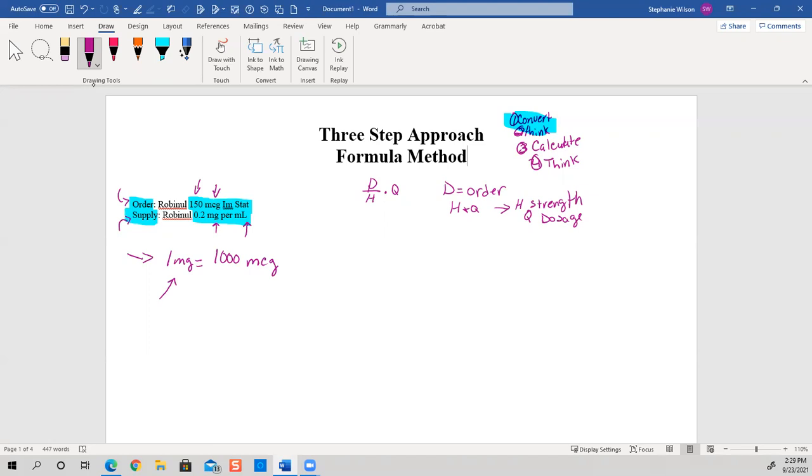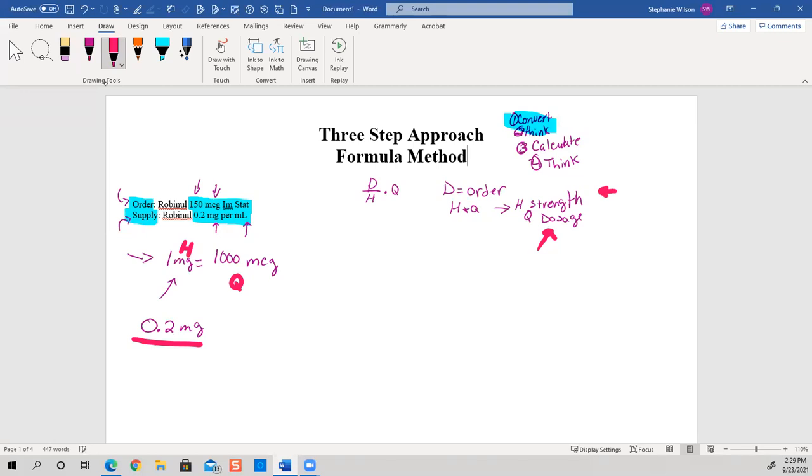So what I'm going to do is clean up the order. I'm going to take the 0.2 milligrams out of the supply, and then I am going to take my needed conversion. In this case, this is going to be my have, and this is going to be my Q. I did say Q is our dosage, right? And our have is our strength.